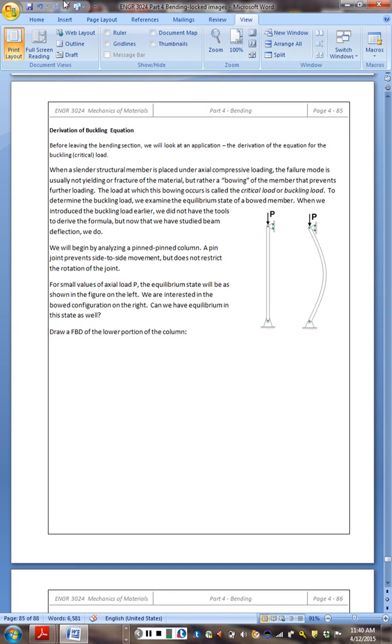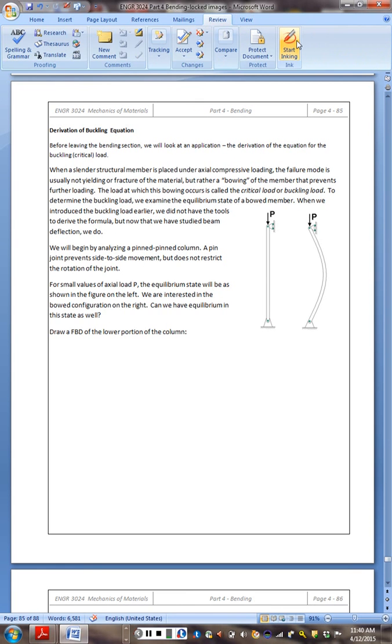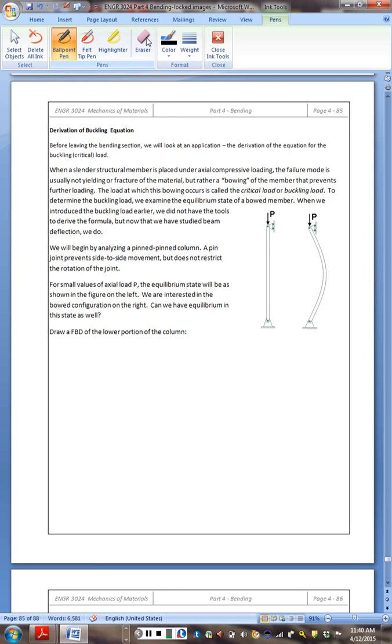So when you place an axial compressive load on a structure, like a little wooden dowel using the Instron, very often the way that this very slender structure will fail is not yielding or fracture, but this phenomenon that's a bowing or a bending that we call buckling.